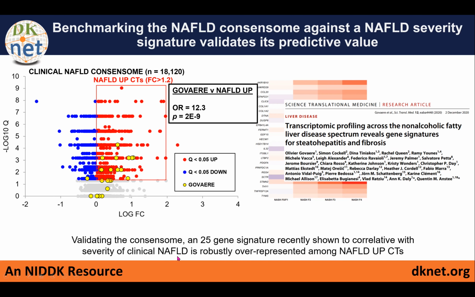And so again, when we took this signature and overlaid it on the consensome, and we looked for a distribution between things that were upregulated with confidence in our consensome, we found that these were enriched within these targets.